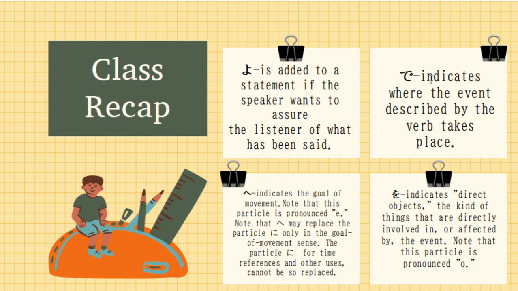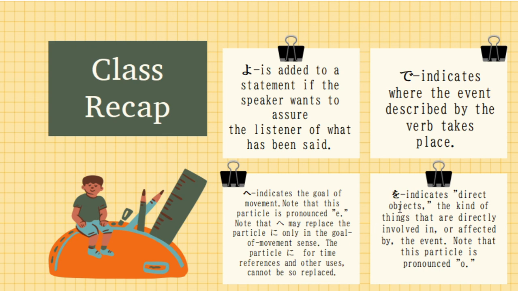The particle de is used to indicate where the event described by the verb takes place. Okay. The particle e indicates the goal of movement. Note that this particle is pronounced as e, and that e may replace the particle ni only in the goal of movement sense. The particle ni for time reference and other uses cannot be so replaced.